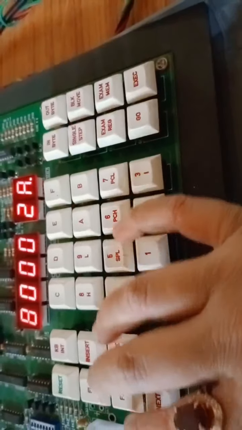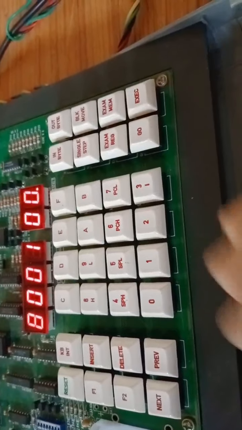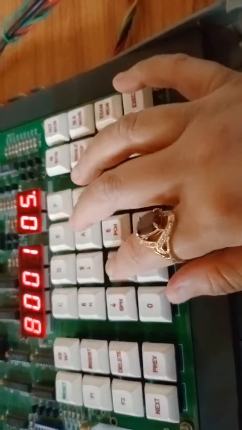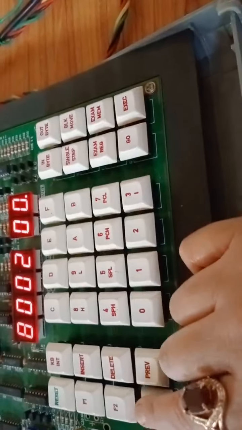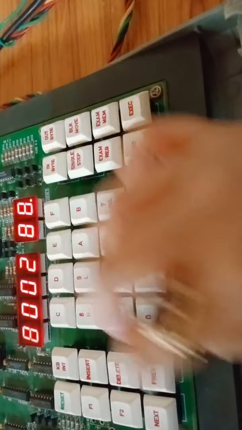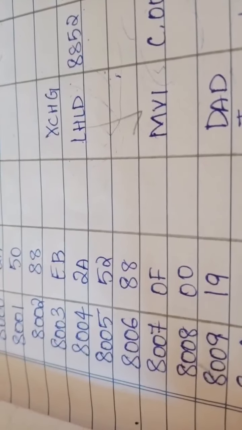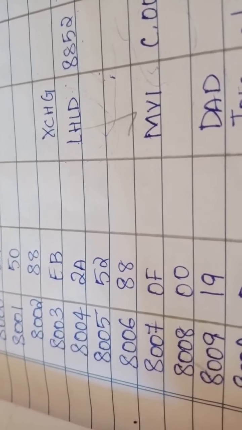2A. Next means automatically it is incrementing to 8001. Next means now 50. Next will be 88. Okay, next is 88. Next on 8003, what is there here? EB, 2A, 52.